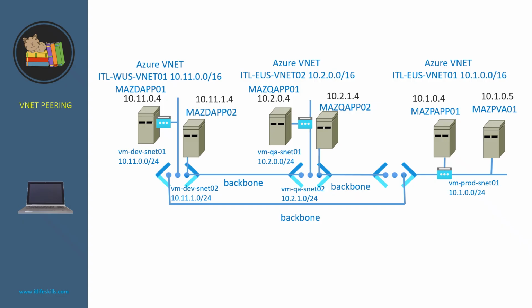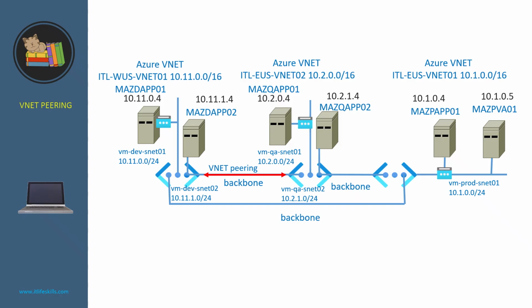Therefore, traffic between paired VNets is private, low latency, and high bandwidth. So in this network, we can configure VNet peering between the QA and the development VNets, which allows the servers in the QA VNet to communicate with the servers in the development VNet.